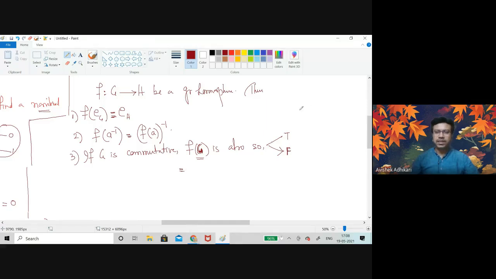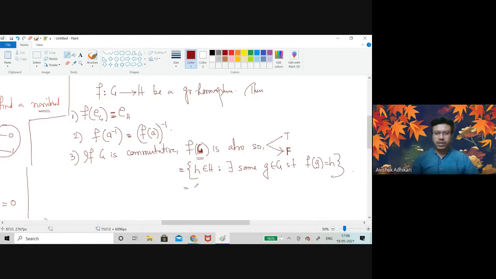f of G is nothing but the image of G under f. That means all such elements h belonging to H such that there exists some g belonging to G such that f of g equals h.